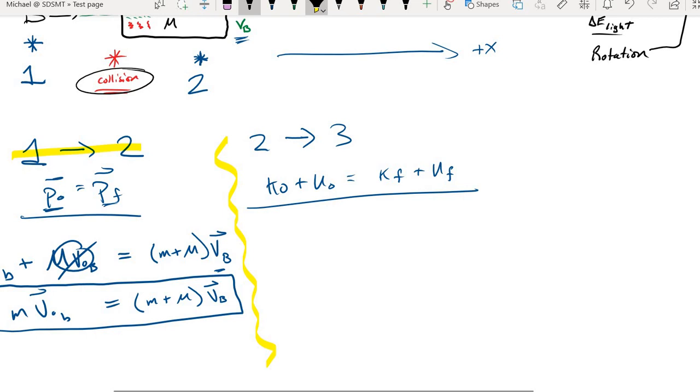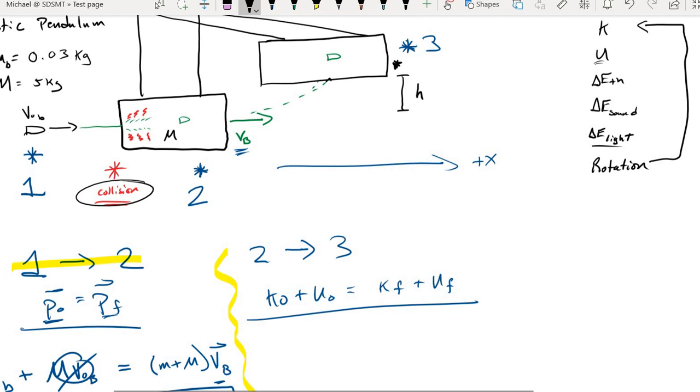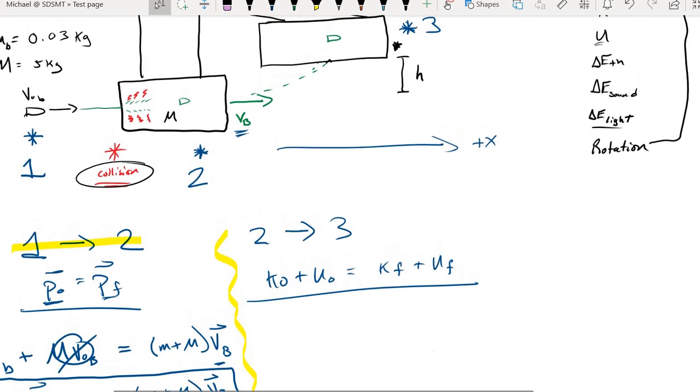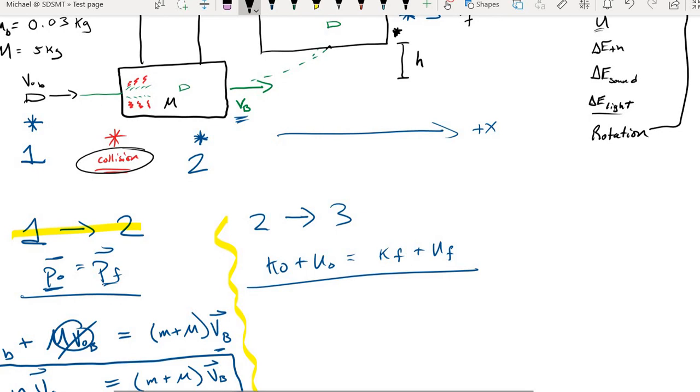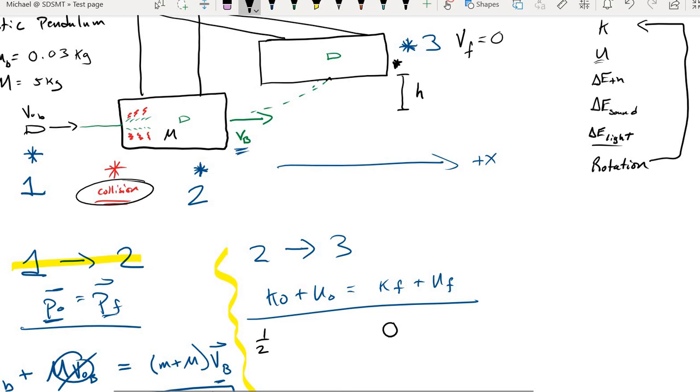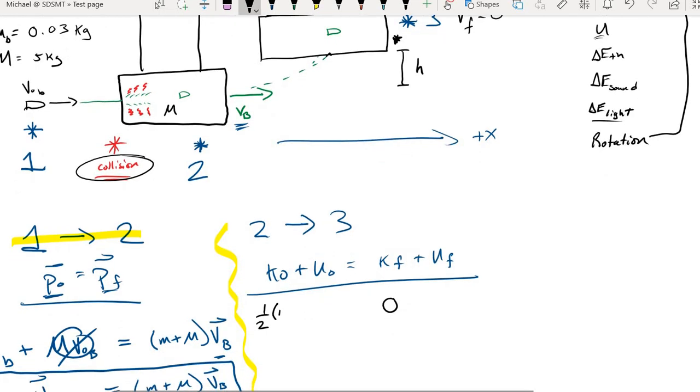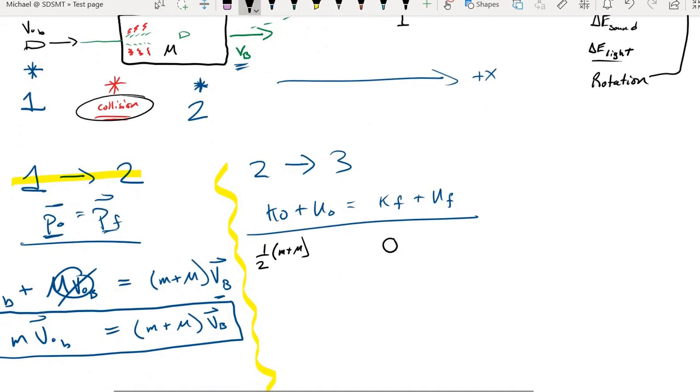Now we need to figure out, going from point 2 to point 3, how do we conserve the energy? We know that when we reach the maximum height, the final velocity should be 0, and that's the whole point behind being at a max height. So our final kinetic energy should be 0. The initial kinetic energy will be the combined mass of the bullet and the block traveling with that velocity.